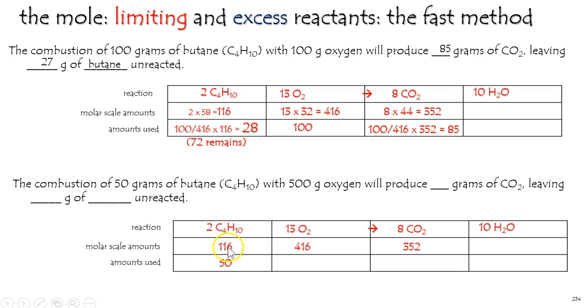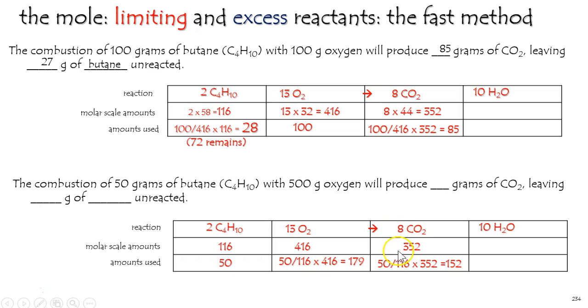Instead of doing it on a 116 gram scale of that, we're doing it on a 50, so a little less than half. We should consume a little less than half of the oxygen, so 50 divided by 116 times the 416 will use up 179 grams of the oxygen, leaving 321 grams of it unreacted. That should show up somewhere.